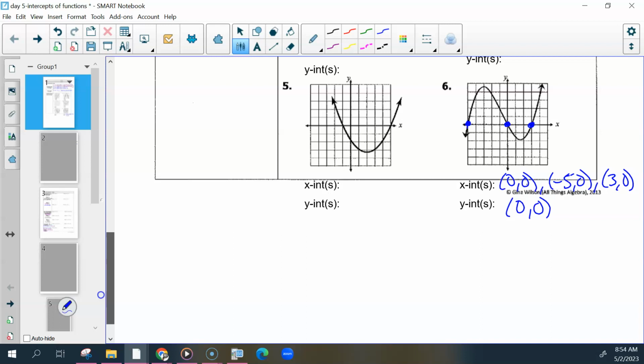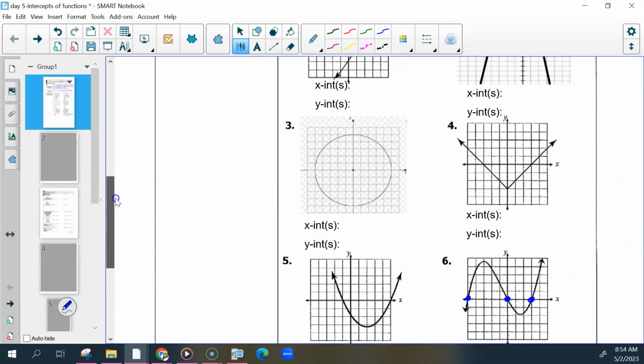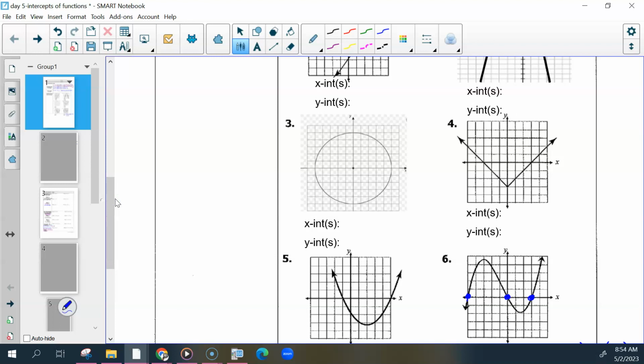Any others on this page we want to see, do, go over, review? X-intercepts, where does this cross the x-axis? Negative 5, 0 is one of them. 5, 0 is the other.